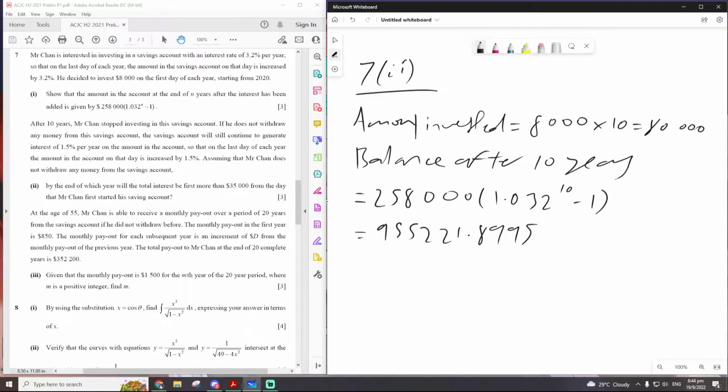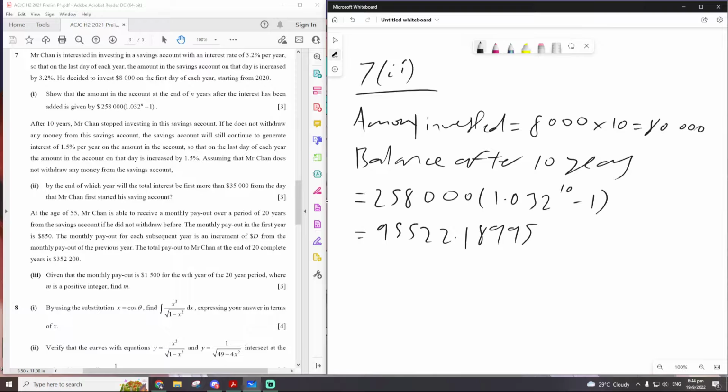I'm using my scientific calculator for this, so your graphic calculator might give a few more digits. Oh, sorry, I pressed an extra 0, so it should be 95,522.18995.